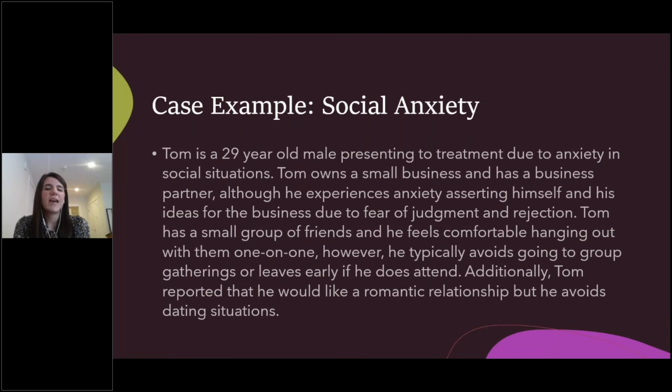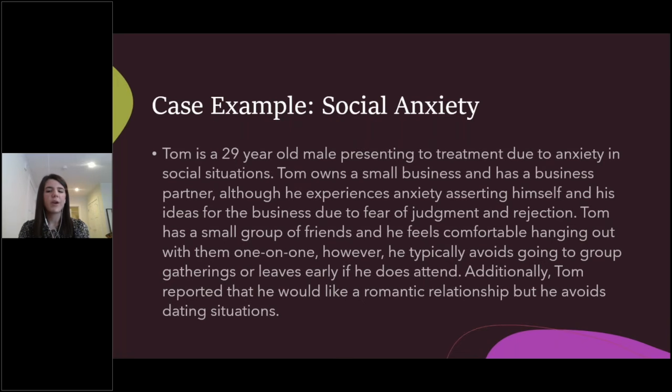So for the social anxiety case, we have Tom. Tom is 29. He's presenting to treatment due to anxiety in social situations. Tom owns a small business and has a business partner. He experiences anxiety asserting himself and his ideas for the business due to fear of judgment and rejection by his business partner. Tom has a small group of friends and feels comfortable hanging out with them one-on-one.